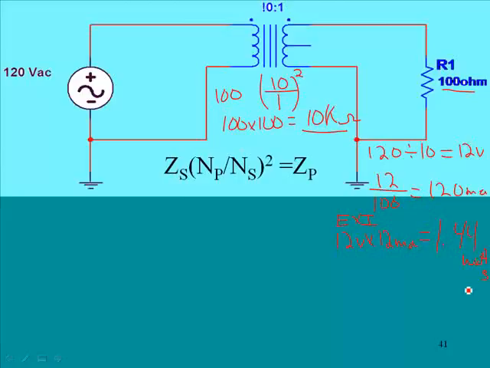Now, something we could do, we could take this value and use it to solve for what is the current and power that we have over here. So we know that we have 120 volts applied, and we know that we have 1.44 watts in the secondary, and so we know that 120 volts times whatever the current is going to equal this value, because remember we said that the power in the primary equals the power in the secondary.